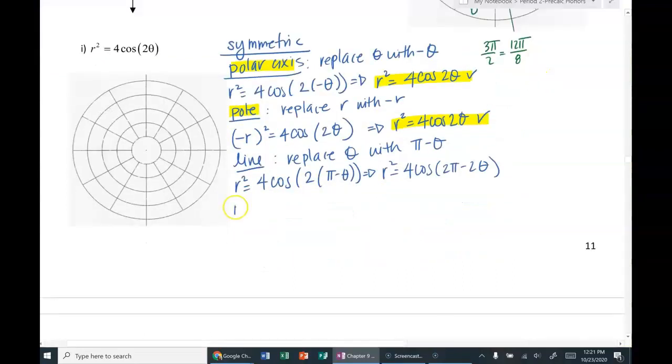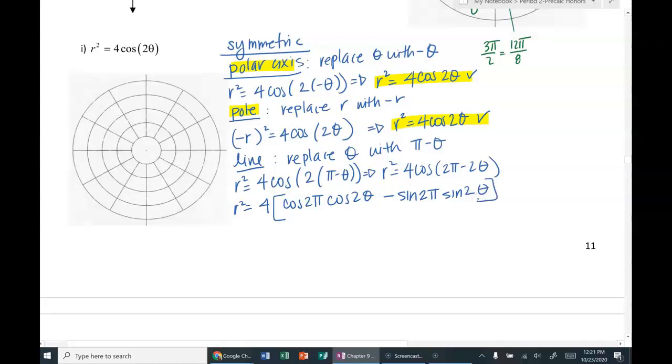Let's use the difference of cosine, so 4 bracket cosine of 2 pi cosine of 2 theta minus sine of 2 pi sine of 2 theta.